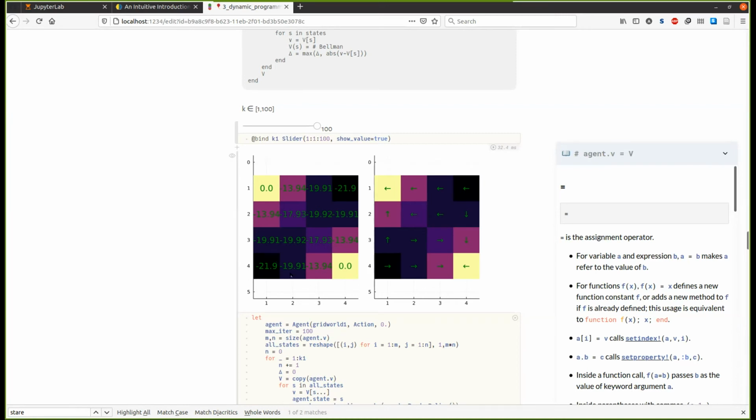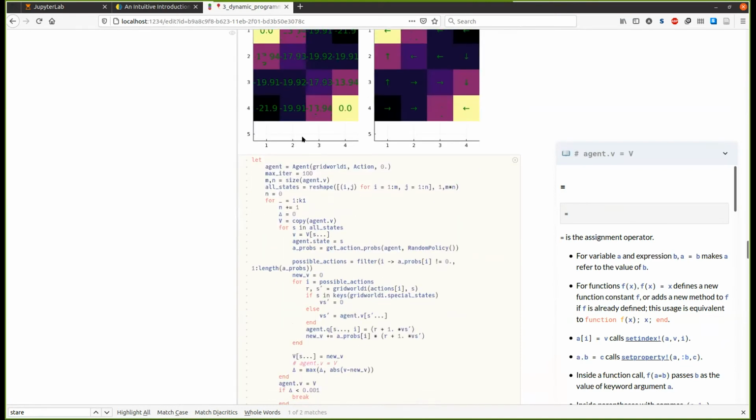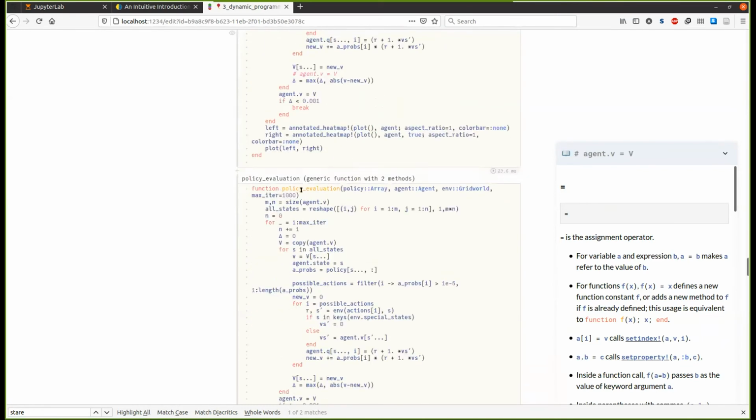And we can get this exact solution because we know the environment perfectly. Okay, so does it make sense? This estimate is close enough to the exact solution, and basically it is stable, right? And that's policy evaluation.